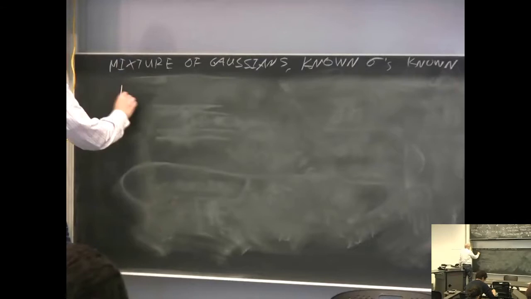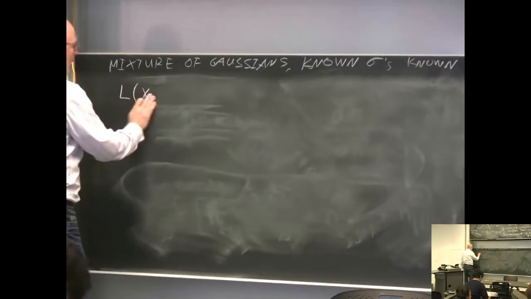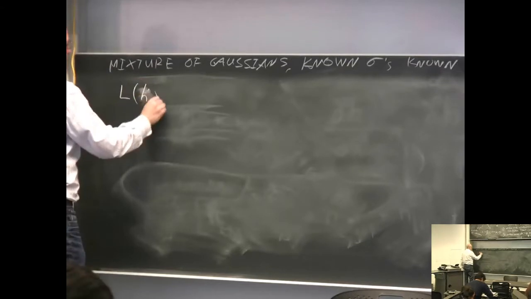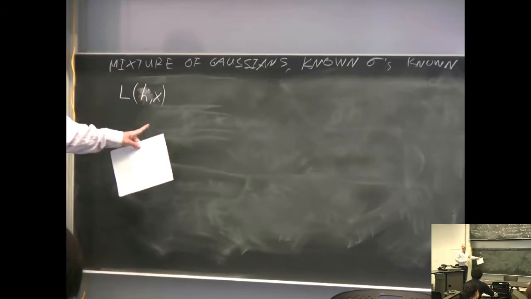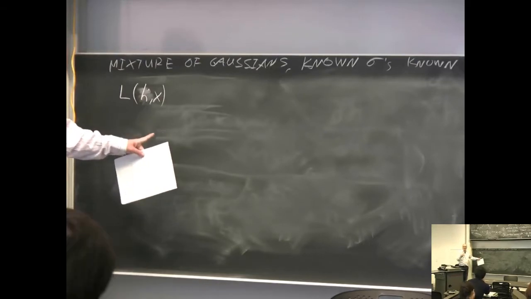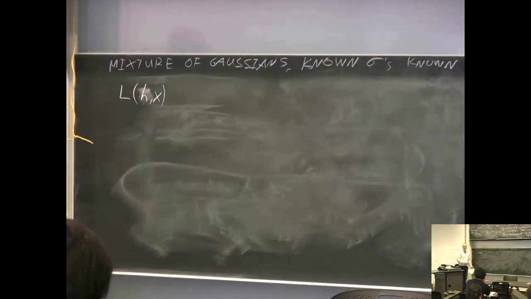The original likelihood function of x and h, I'd rather write it as h and x. I like to write the h first, simply because I usually interpret it as the generative story, and in the generative story the latent event happens first and then the visible thing happens later.